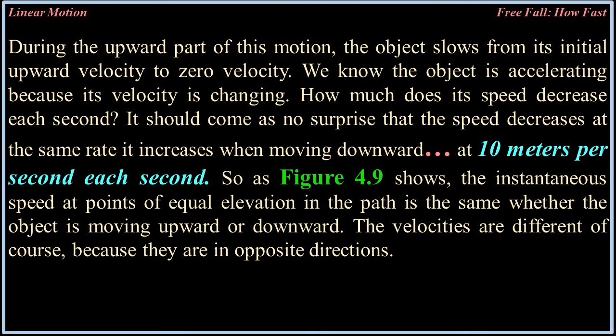So, as figure 4.9 shows, the instantaneous speed at points of equal elevation in the path is the same whether the object is moving upward or downward. The velocities are different, of course, because they are in opposite directions.